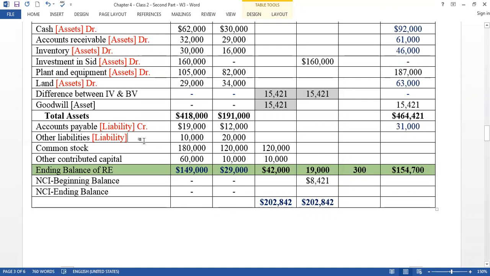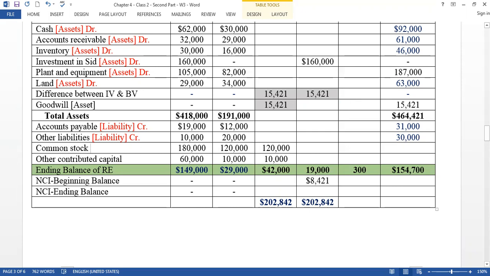Then other liability, normal balance credit. So we have only 2 credits, we don't have anything here. So credit and credit plus, it is 15,000, no, 30,000. Then common stock.